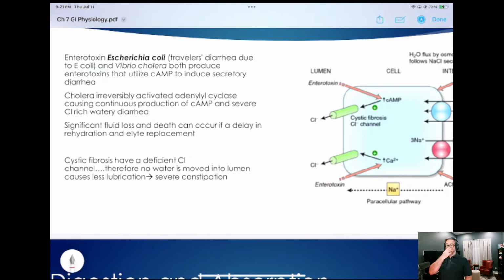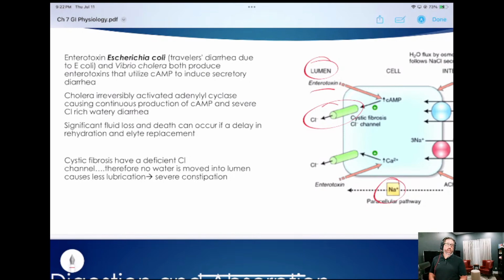So the real thing here is that when chloride starts getting dumped into the lumen of the GI system due to an enterotoxin like E. coli, it turns on these chloride channels. Chloride starts getting dumped like crazy. Because sodium goes through as well, we make salt.